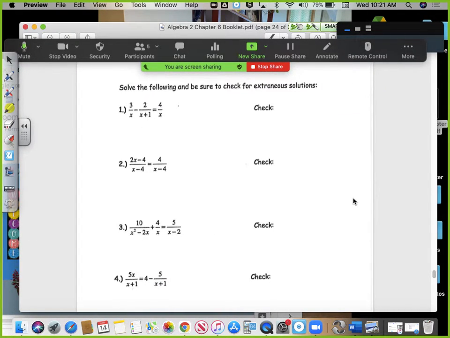Which one is the only one that is a fraction equals a fraction? 2. So what I want you guys to do is go ahead and try number 2, because the process will be similar in that you can factor everything you can, then you can cross multiply and solve.